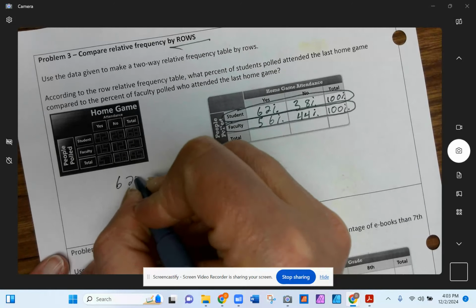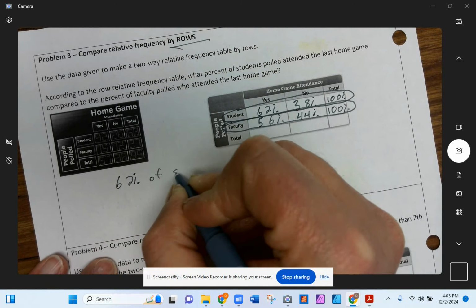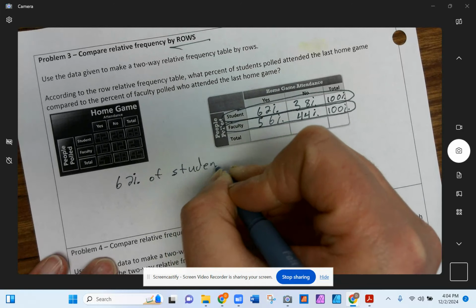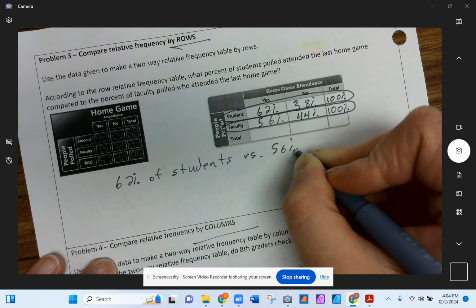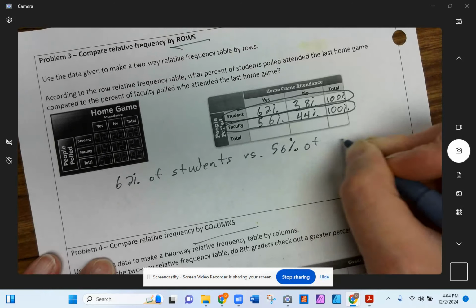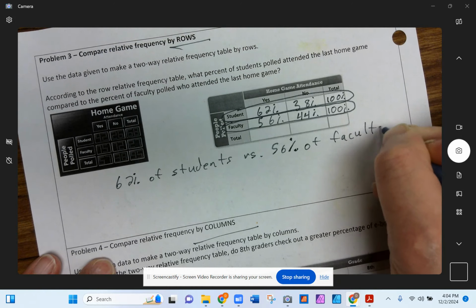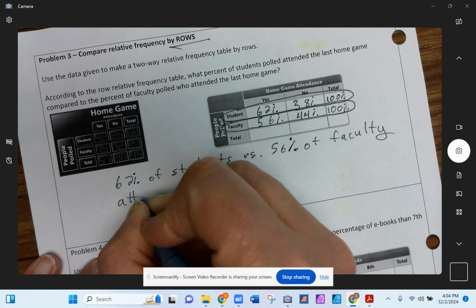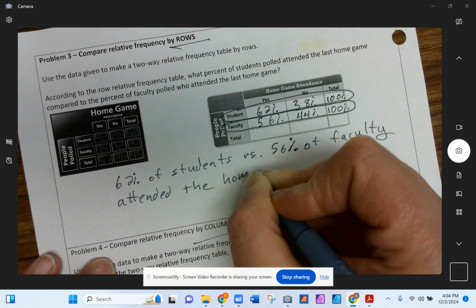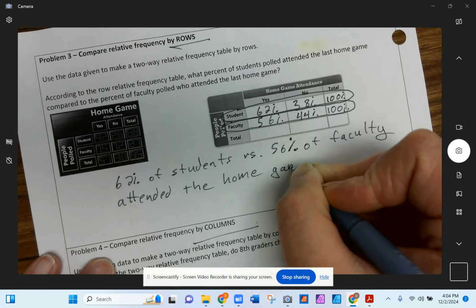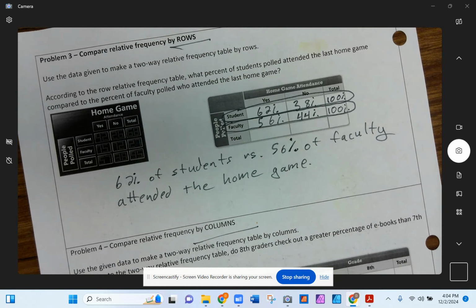So we'd say 62% of students, and then we could say versus 56% of faculty attended the home game. Okay, so that's kind of how you look at it within row.